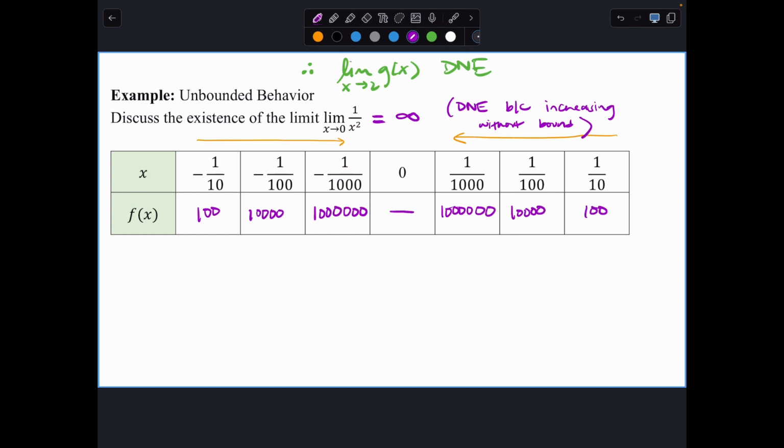Whenever the function is approaching positive or negative infinity as x approaches a number, graphically, what do we interpret that as? A vertical asymptote. There's a vertical asymptote.